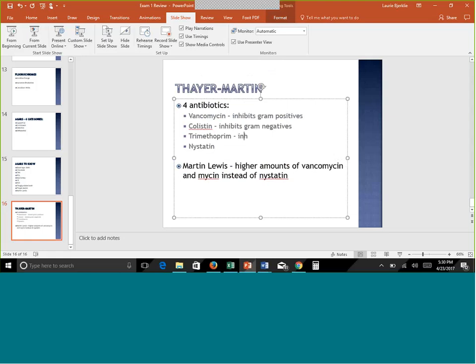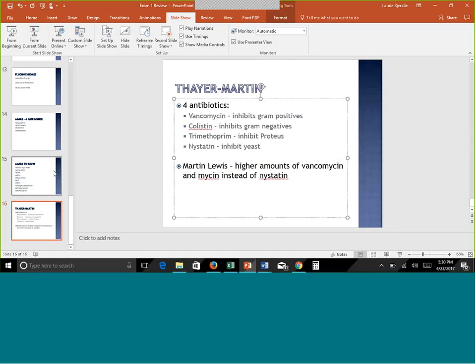It has trimethoprim to inhibit Proteus, which is just an organism that can easily take over a plate. And then it has nystatin to inhibit yeast from growing. So you do need to remember those 4 antibiotics are found in the Thayer-Martin plate and what each one inhibits in order so that only the Neisseria species comes through.